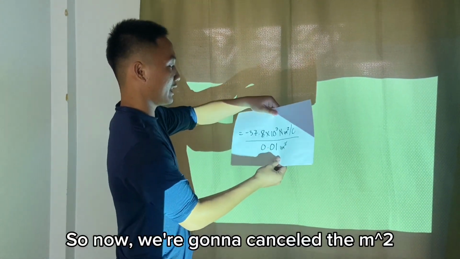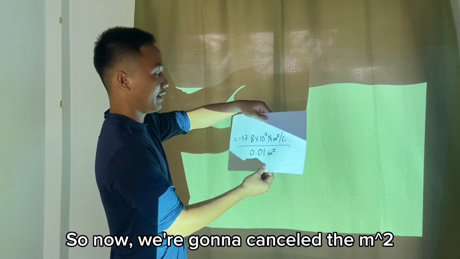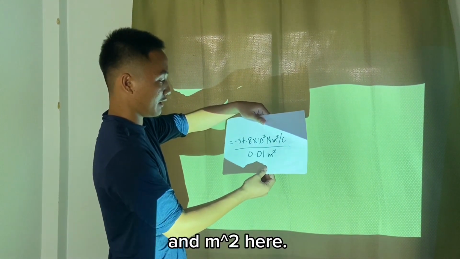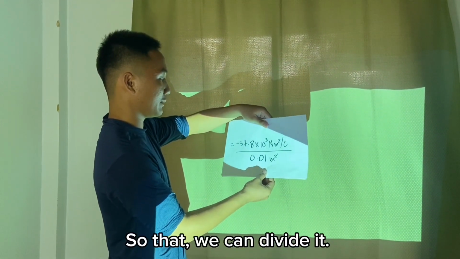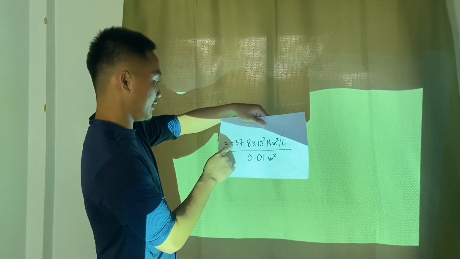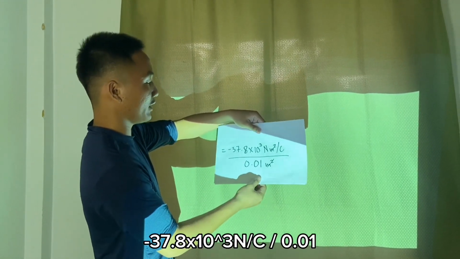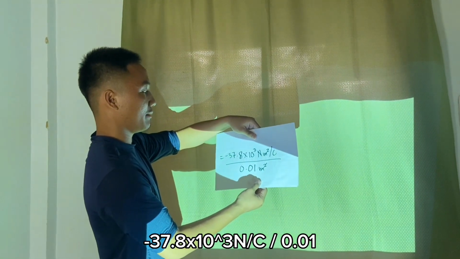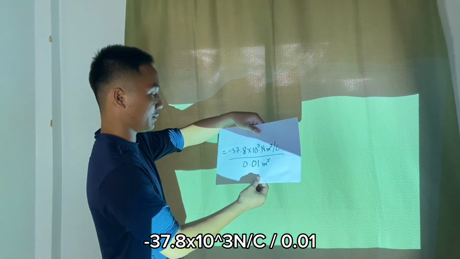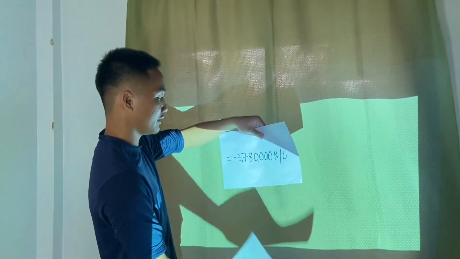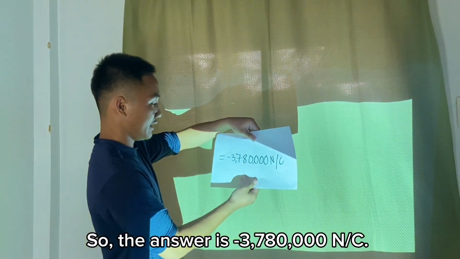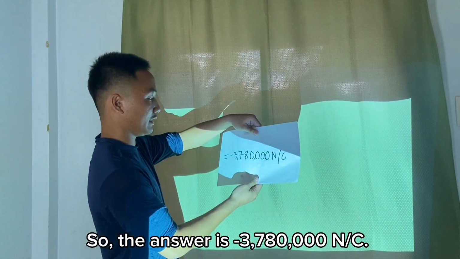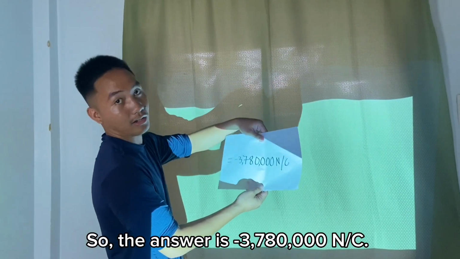So now, we cancel the meter squared and the meter squared here so that we can divide. Negative 37.8 times 10 raised to 3 Newton per coulomb divided by 0.01. So the answer is negative 3,780,000 Newton per coulomb.